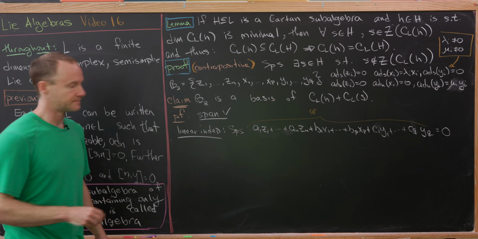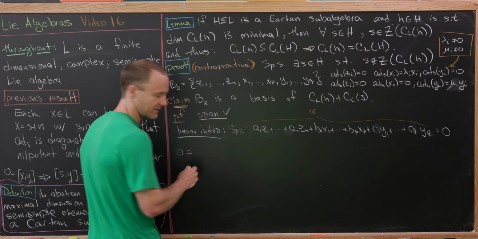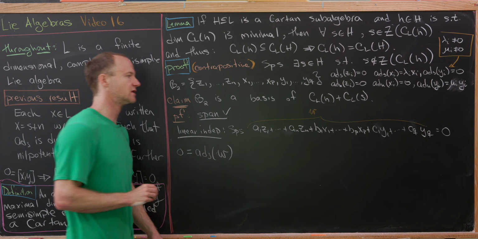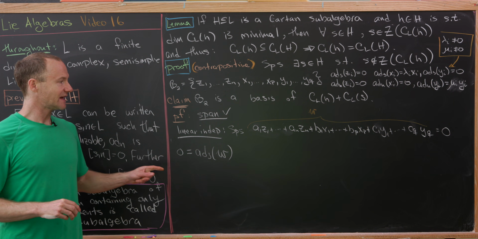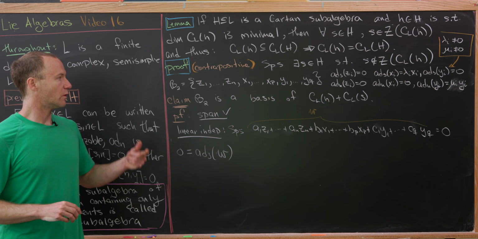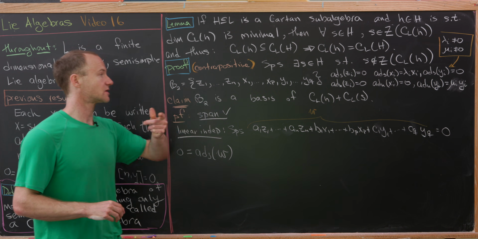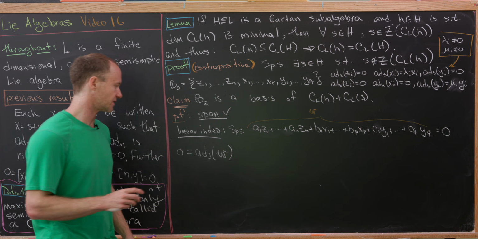Okay, great. But now let's notice that 0 is the same thing as ad s of w, because w is 0. But then s commutes with what? Well, s commutes with all of the z's, and s also commutes with all of the y's by our construction.